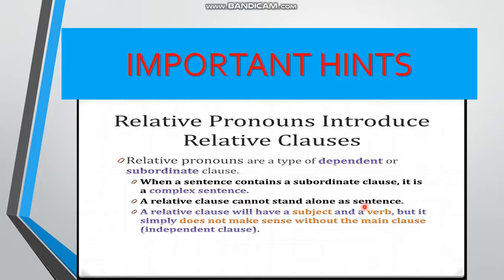That's why it is called dependent or subordinate. It contains a subject and a verb, but simply does not make complete sense without the main clause, that is the independent clause.